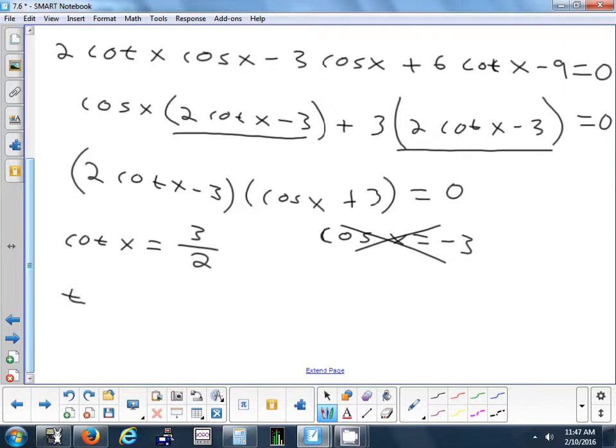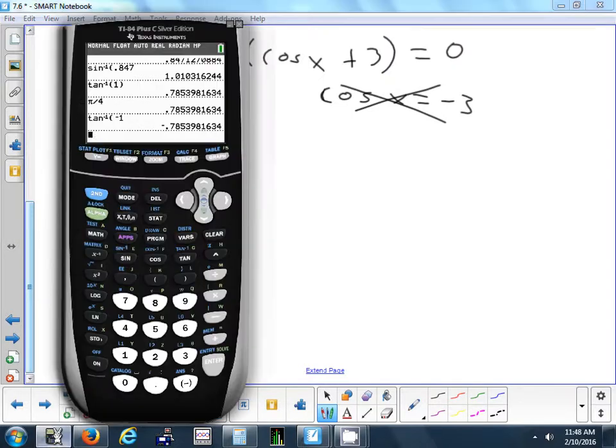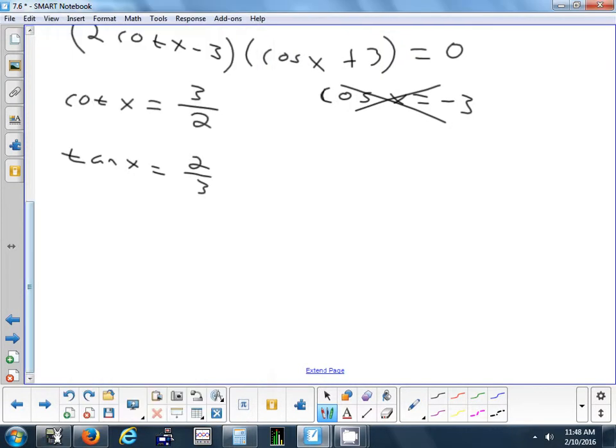If the cotangent is 3/2, what's the tangent? 2/3. Now I have a button for that. Okay. So just flip it, and you can change cotangent to tangent. Right, so let's take inverse tangent of 2/3. Okay, so second inverse tangent, 2/3, 0.59.